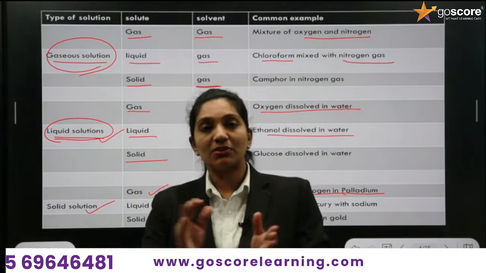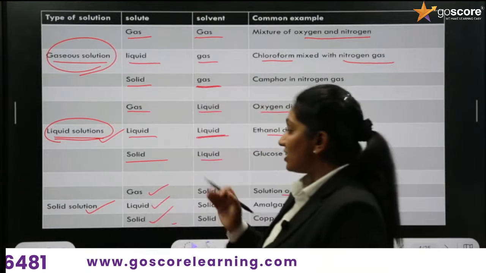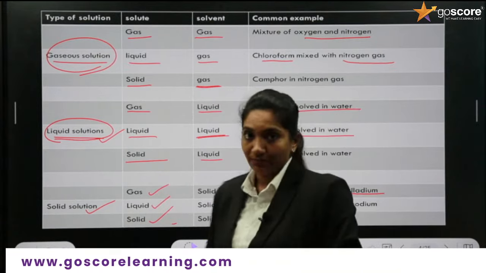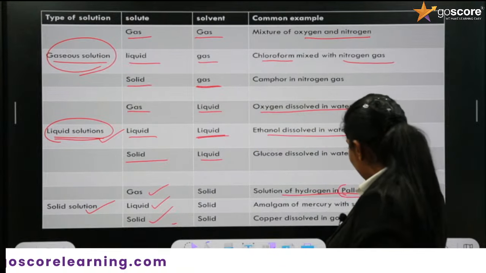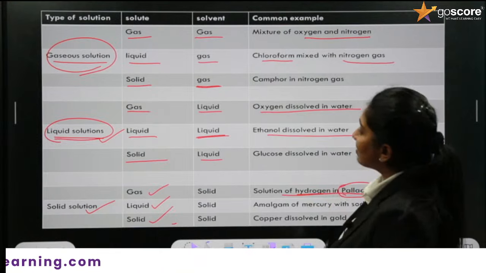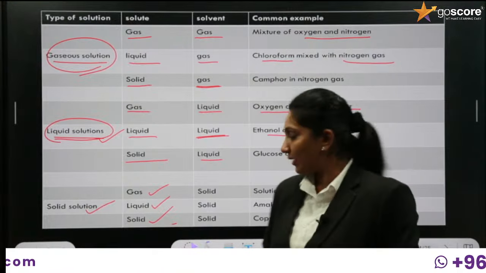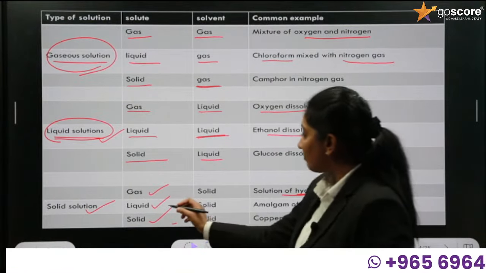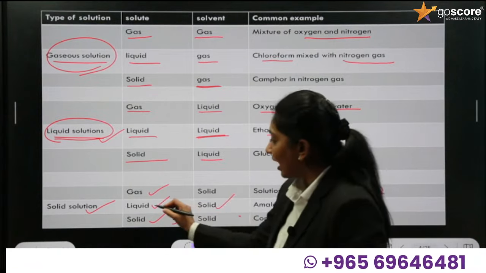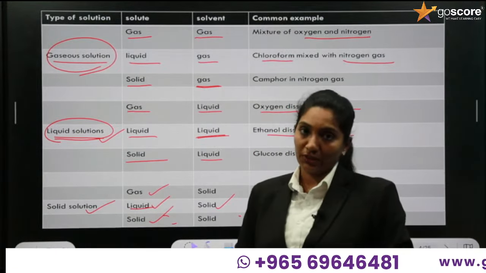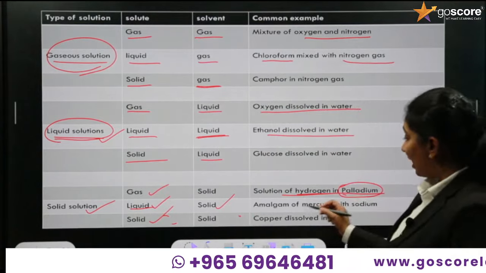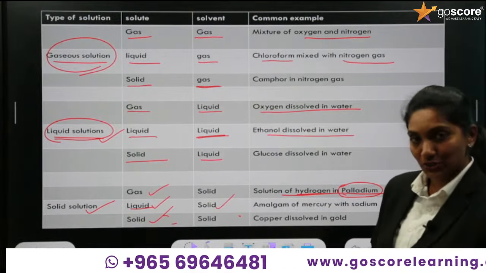So the resultant solution will be a solid solution. There palladium is the solid substance and hydrogen is the gas solute. Okay. And the next example is solid solvent and liquid solute. That means the amalgam of mercury with sodium.